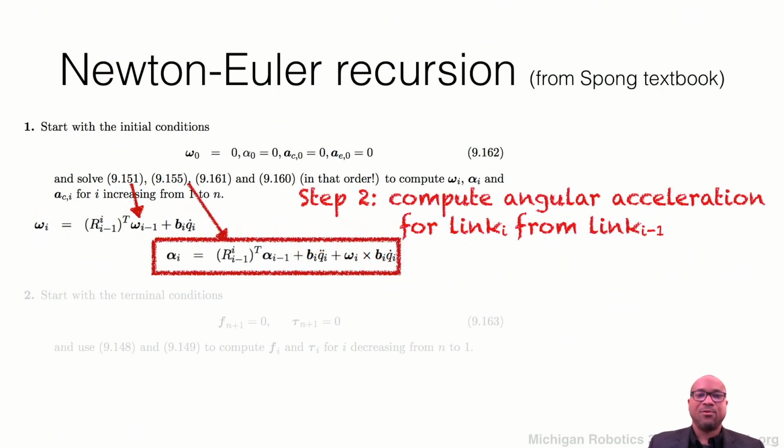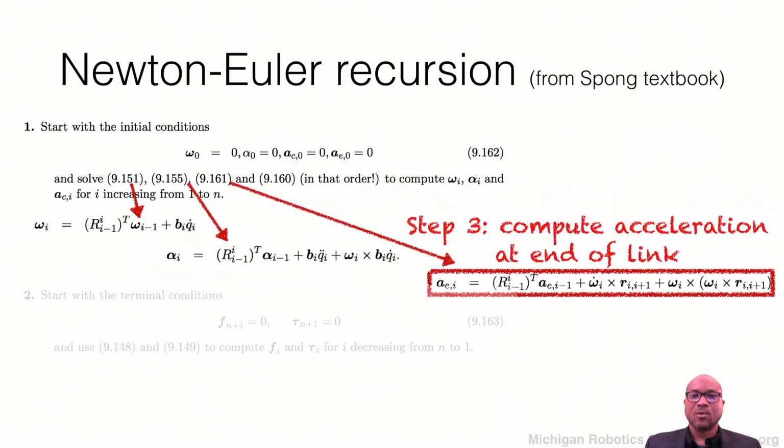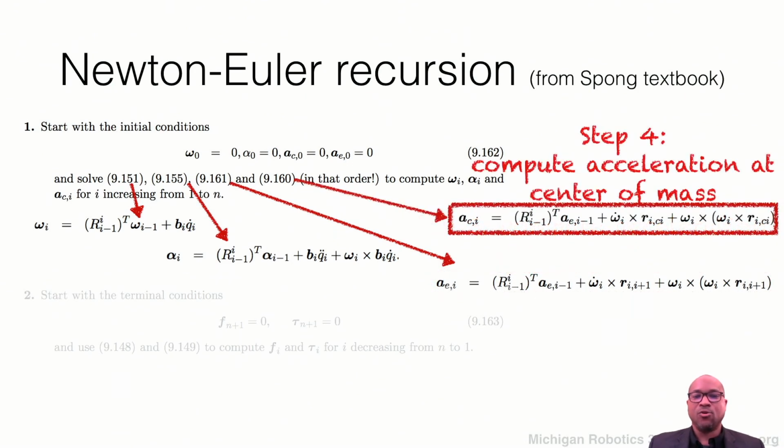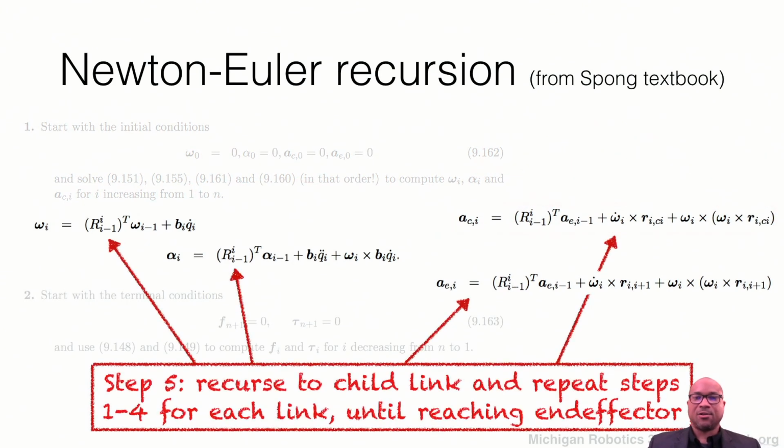Then from that, we'll compute the angular acceleration that goes from link i minus 1 to link i. We'll compute the acceleration at the end of the link, and then move that acceleration to the center of mass. That will provide the accelerations that we propagate forward throughout the kinematic chain. We'll perform these steps over and over from the base link all the way until we get to the end effector.